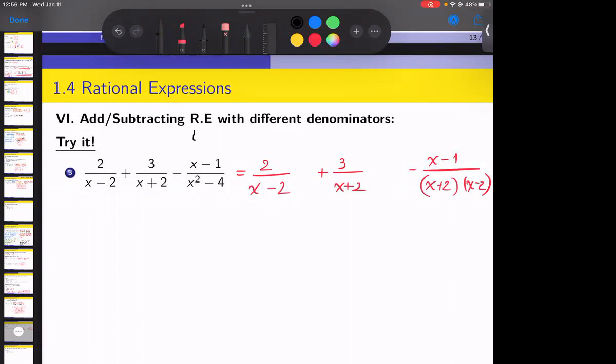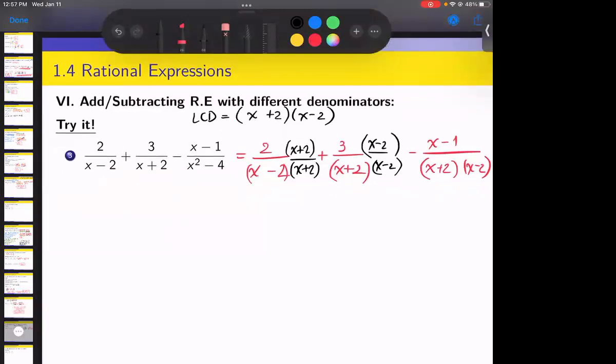So LCD, remind me what's LCD again? So first fraction, x plus 2 over x plus 2. Second fraction, x minus 2 over x minus 2. What about the last fraction? This has everything, right? So just 1 over 1 is still 1, so we're not going to write anything.